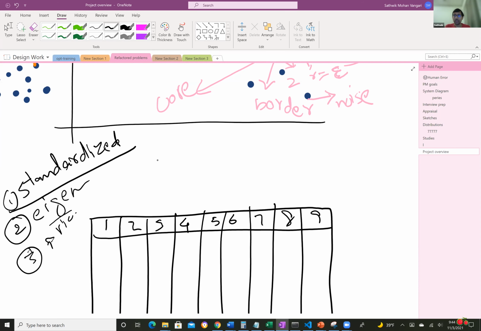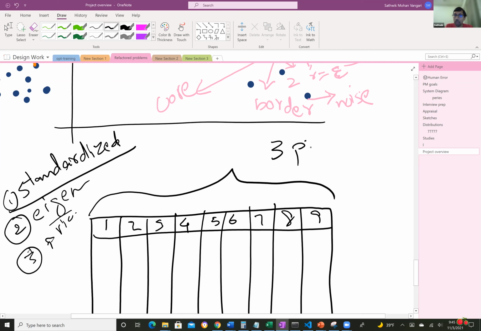So what exactly is it? Let's assume we are applying PCA, and these 9 features that we have will be condensed into 3 principal components. So what is each of these principal components?